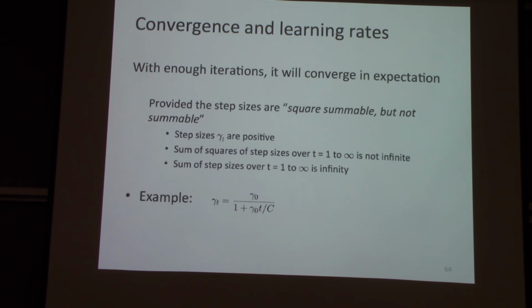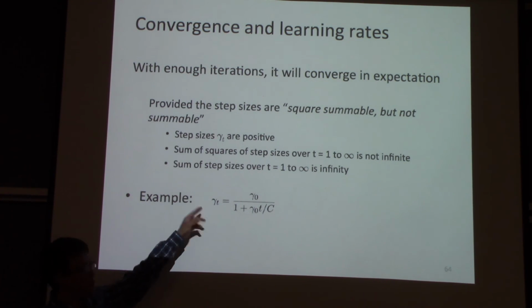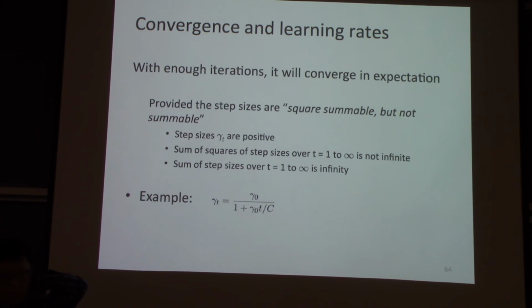At the beginning, you are far away from the optimum. You can make a relatively larger step. But as you get closer and closer, you should reduce this learning rate. You make a smaller step once you are close to the optimal point. So the step size is a function of the step t, so you don't use a constant. At each step, you reduce the step size a tiny bit.